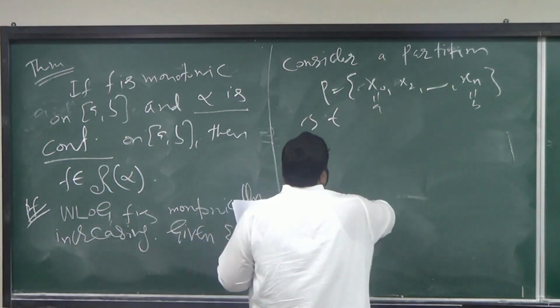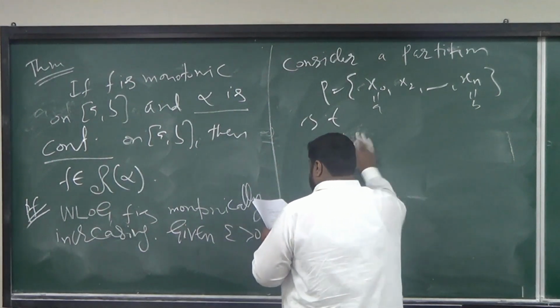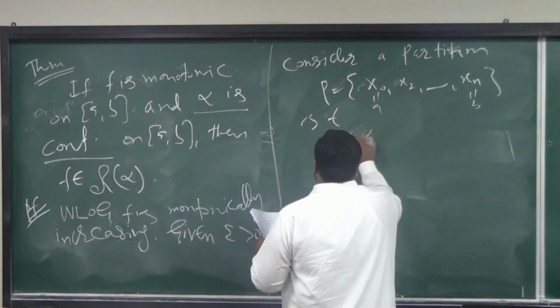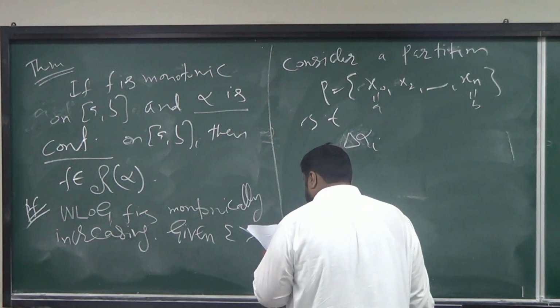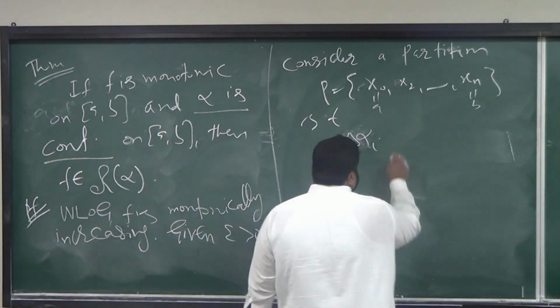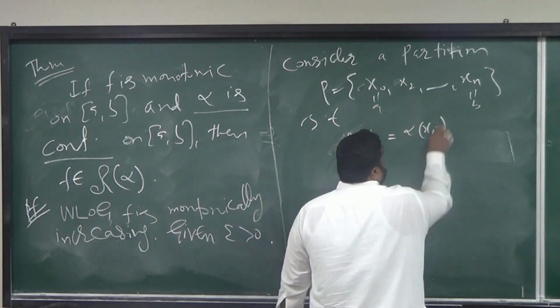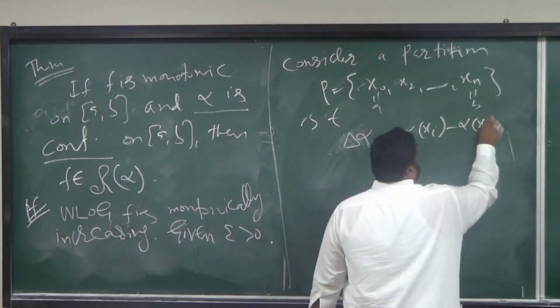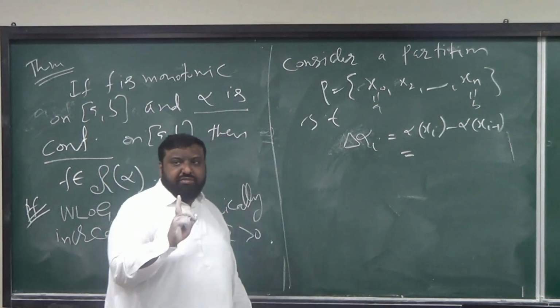such that when you compute delta alpha I, which is alpha of xi minus alpha of xi minus 1, it is a fixed number.